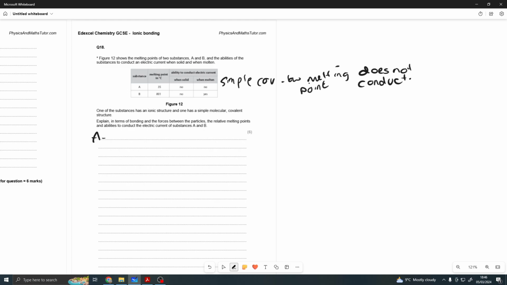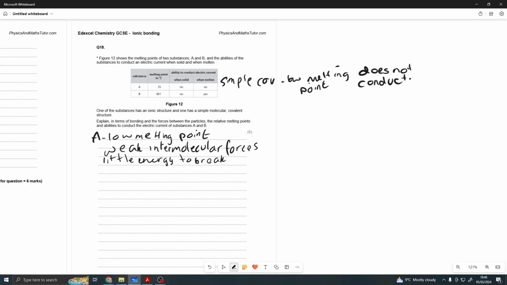Now, why does A have a low melting point, as we've said? It's because they have weak intermolecular forces, which require little energy to break them. That's why they have a low melting point.